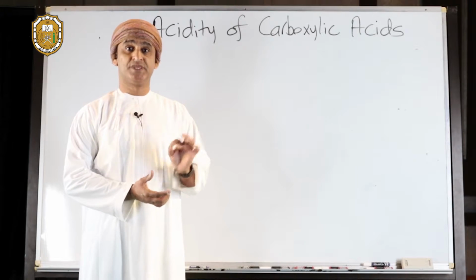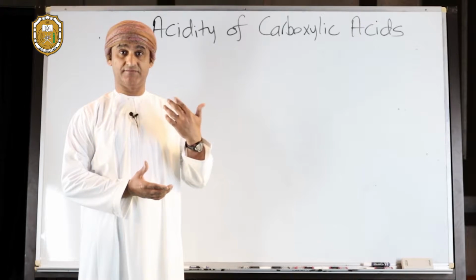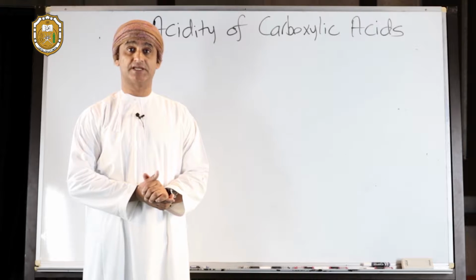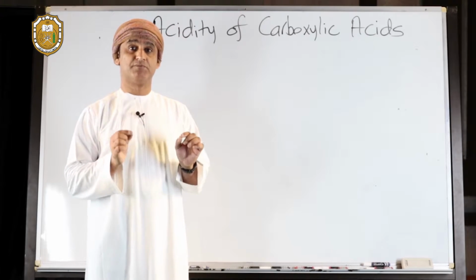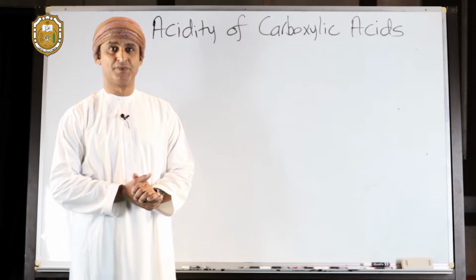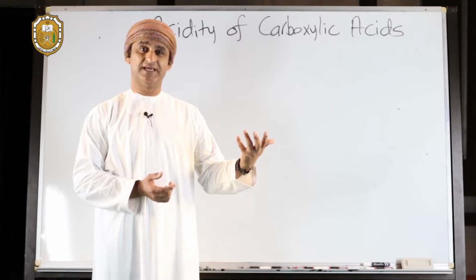It's not only the presence of electron withdrawing groups that has an effect on the acidity of carboxylic acids, it's also the distance. So the relative distance between the electronegative atom or the electron withdrawing group by inductive effect and the carboxylate unit itself.